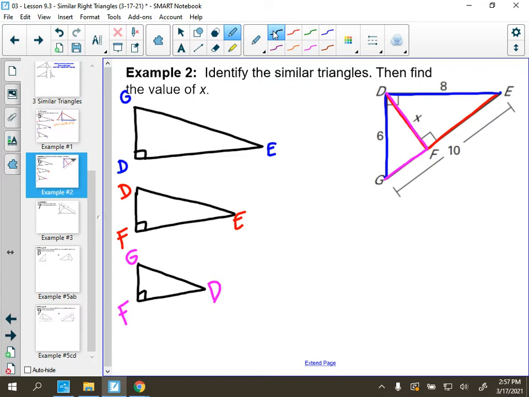All right, so this first part, now it's the third time in a row of identify the similar triangles, no problem. Let's see, where can we squeeze this in? We can do it over here, by the figure.